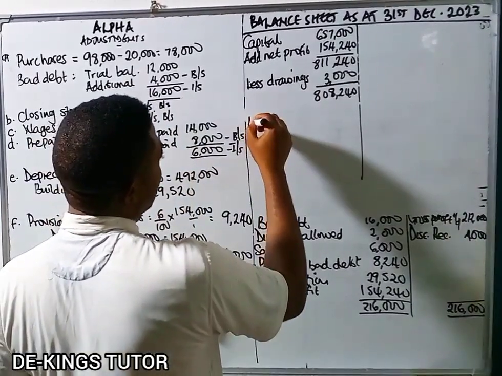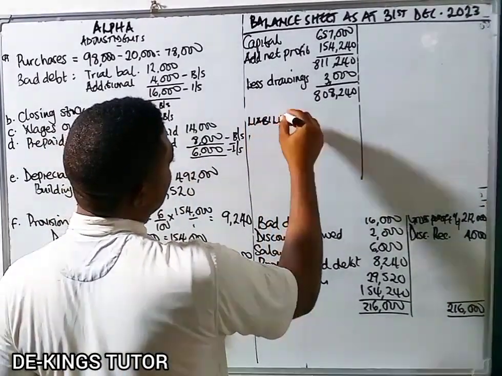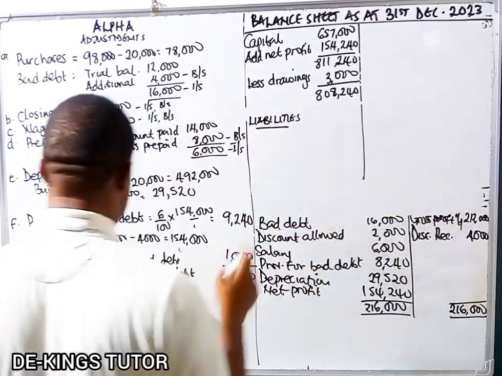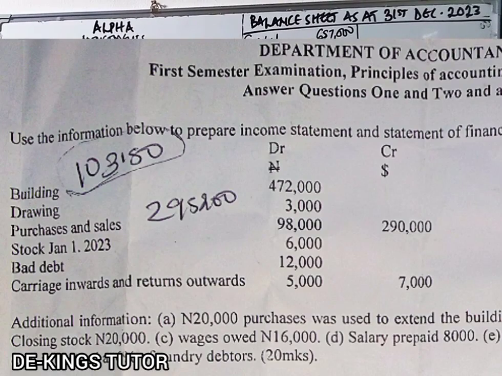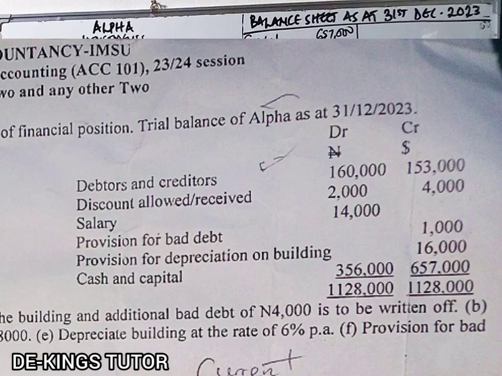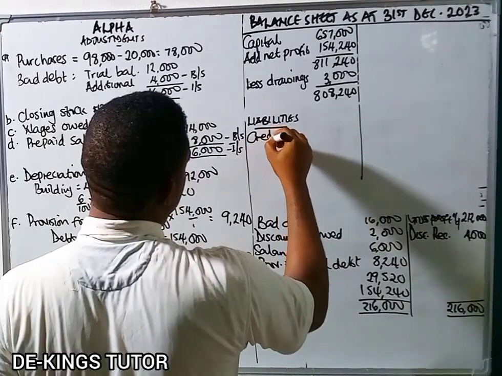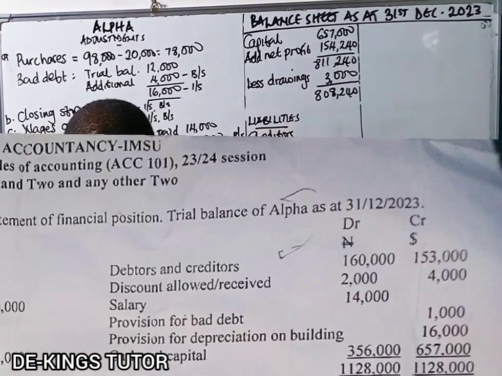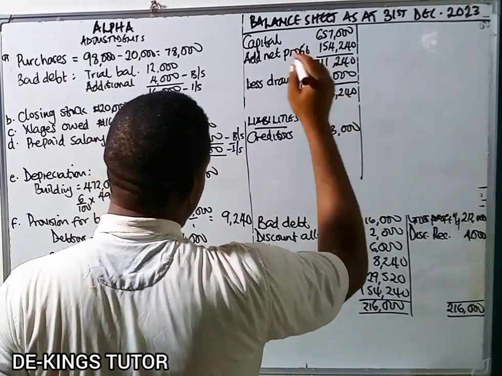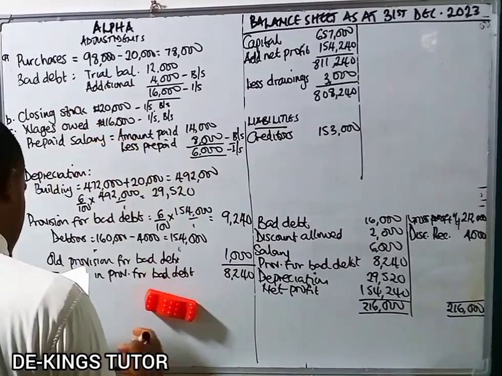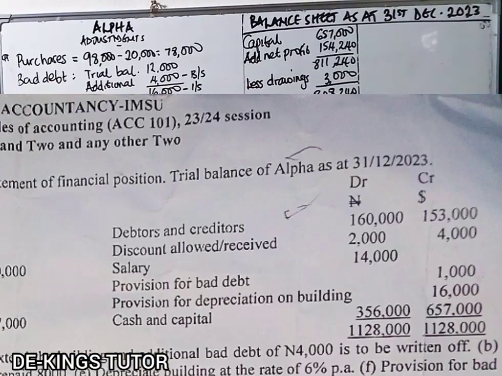Now let's compute our liabilities. Let's check in the trial balance the liabilities that will come here. Let's start from up. We have building, drawings, purchases; those are not liabilities. Creditors is one of the liabilities that will come here. Creditors is 153,000. Discount, salary, all those are not liabilities.